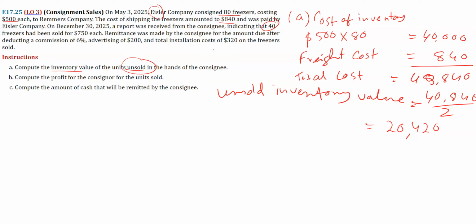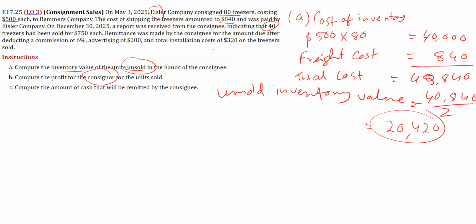The next question is asking about the calculation of the profit that the consignor, or the original manufacturer, will make. Of course, the consignor will receive the sales revenues, but remember they have cost of goods sold, which is half of the product cost. We already calculated it.